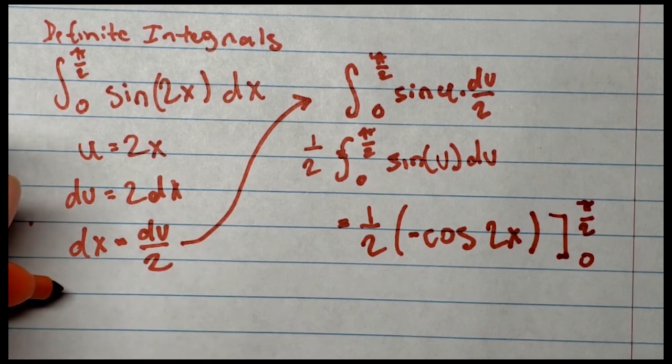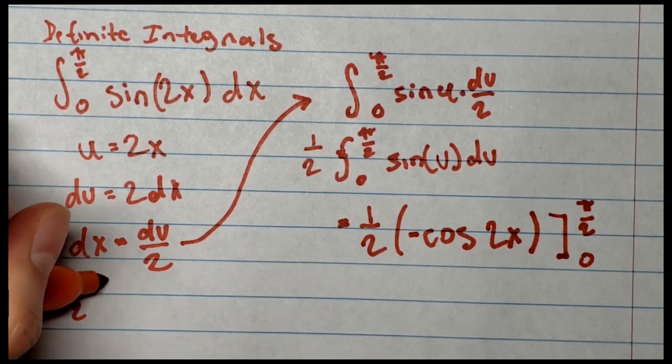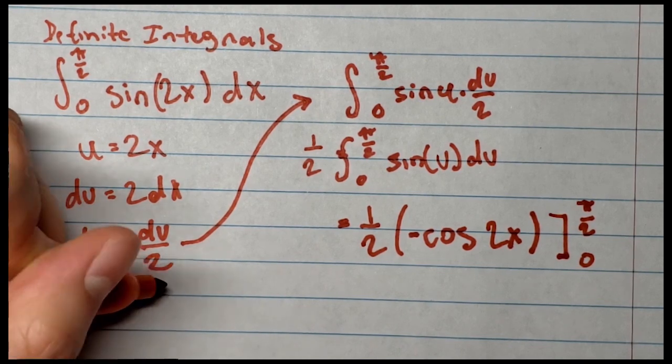So from this point onward, you would plug in the upper bound into cosine of 2x. I also factored out the negative to make it a little bit easier.